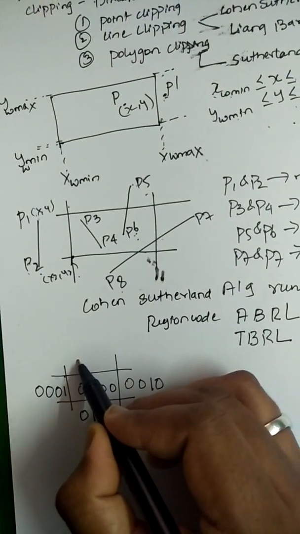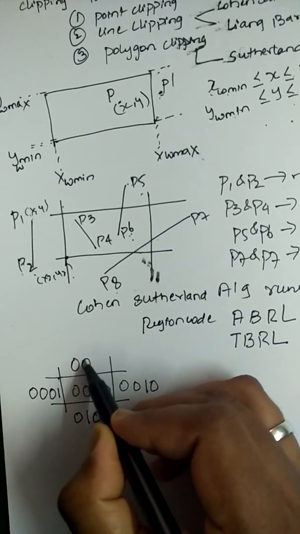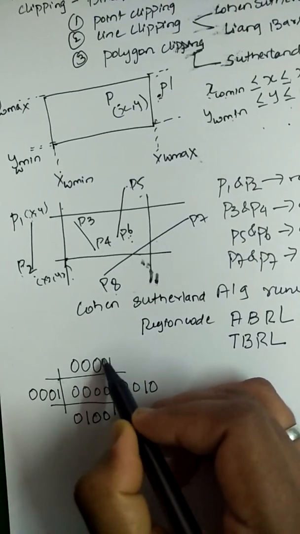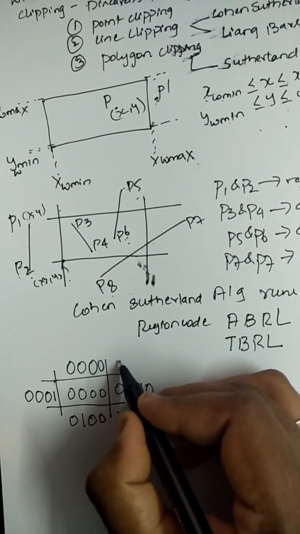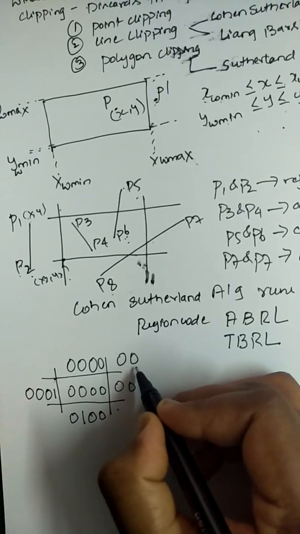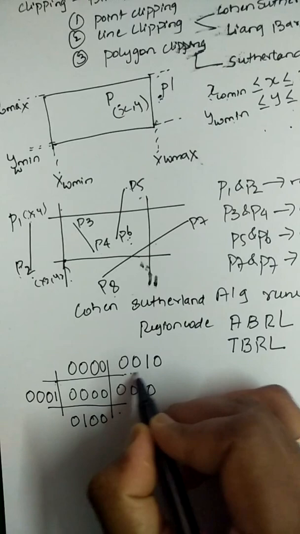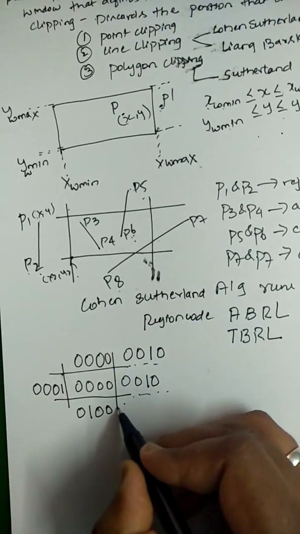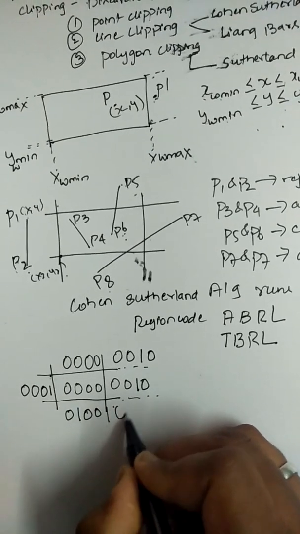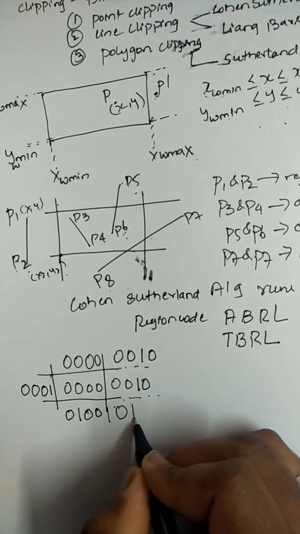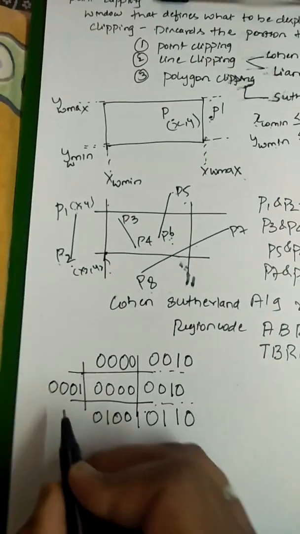And here, this is above, neither below, right or left. This is above, not below, not left, this is right. Okay, so try writing the code for this region code. This is not above, this is below, not left, this is right. Okay, come for this side.